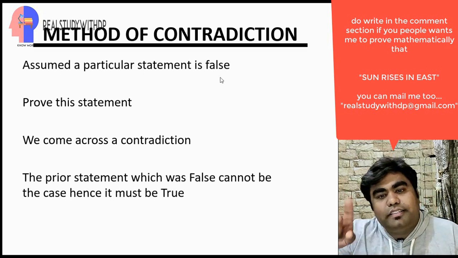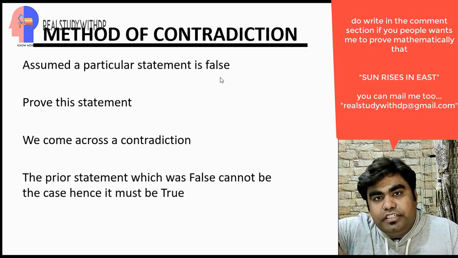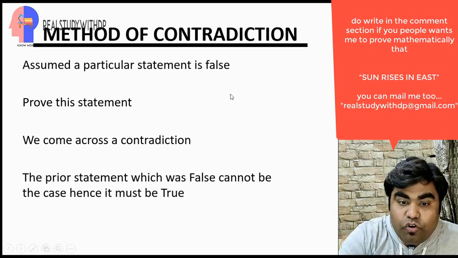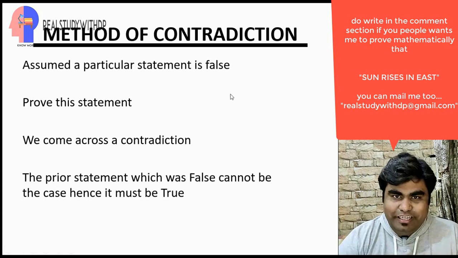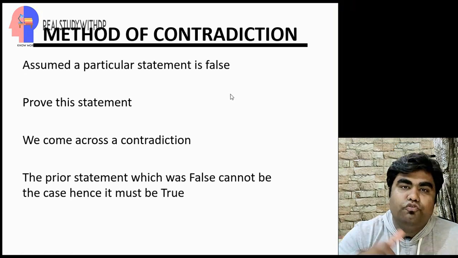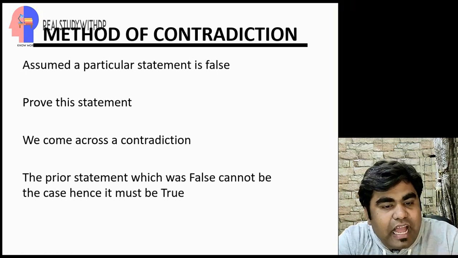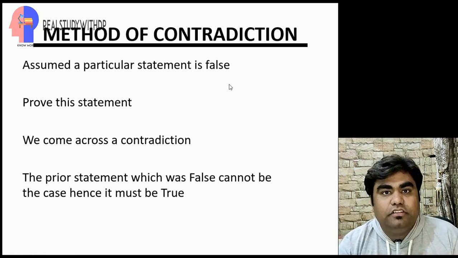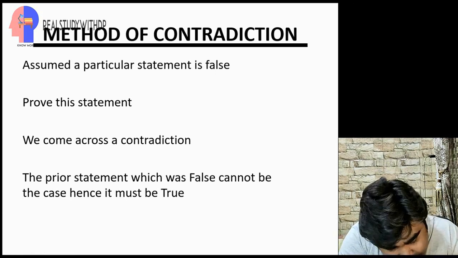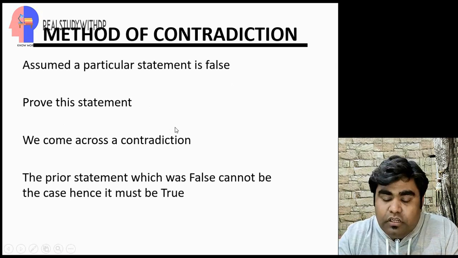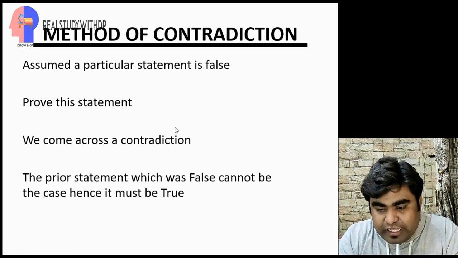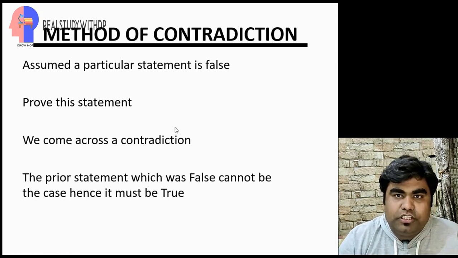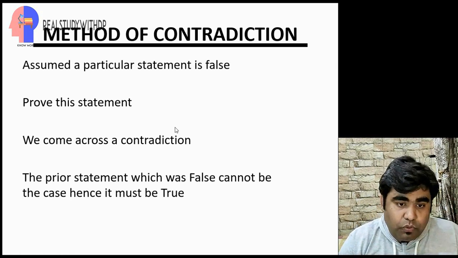I'm going to assume that the sun does not rise from the east. So I'm going to take the opposite of the statement that needs to be proved. After that, I'll try to prove my own statement, the false statement. I'll begin to give arguments in support of the assumption that I have taken, which is actually false, by the way.